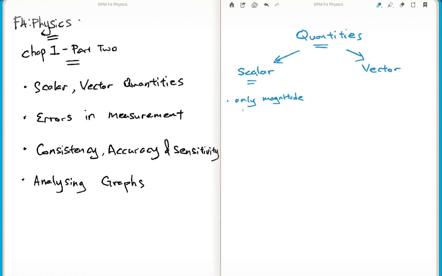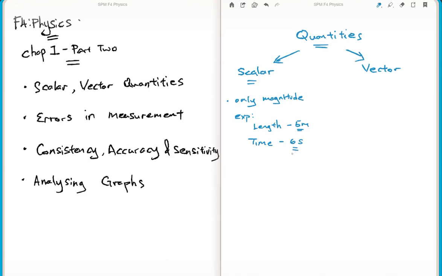Say for example, length. You have 5 meters. You just know the magnitude. You have no idea which direction, to the east or to the west. So length is a scalar quantity. Another example would be time, 6 seconds.